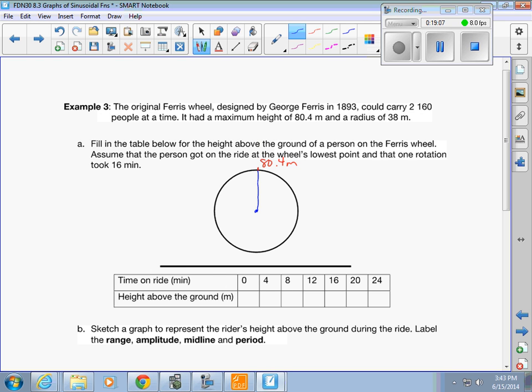So from here to here is 38 meters. So that means that it had a total diameter of 76 meters.